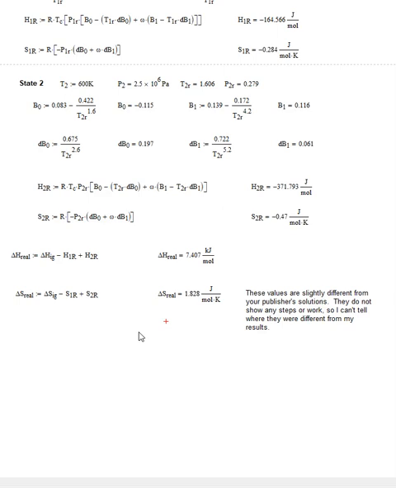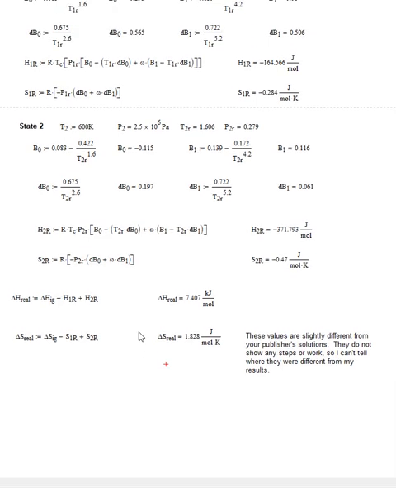One of the reasons why I do not like the publisher solutions is they show zero work. They show none of the intermediate calculation steps. And so it's really tough to troubleshoot whether they went wrong or I went wrong. But I believe everything in here is correct in using the tables.